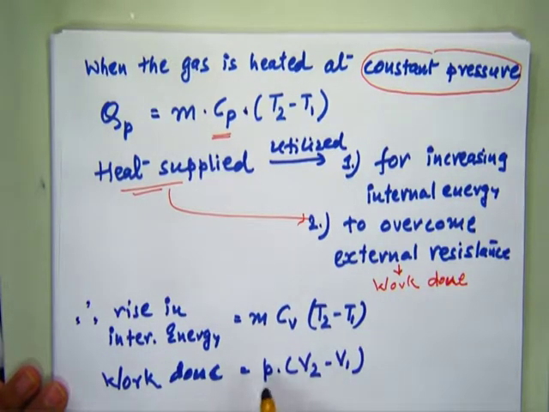Pressure remains constant, so P into change in the volume gives you the work done. Change in the volume is V2 minus V1.